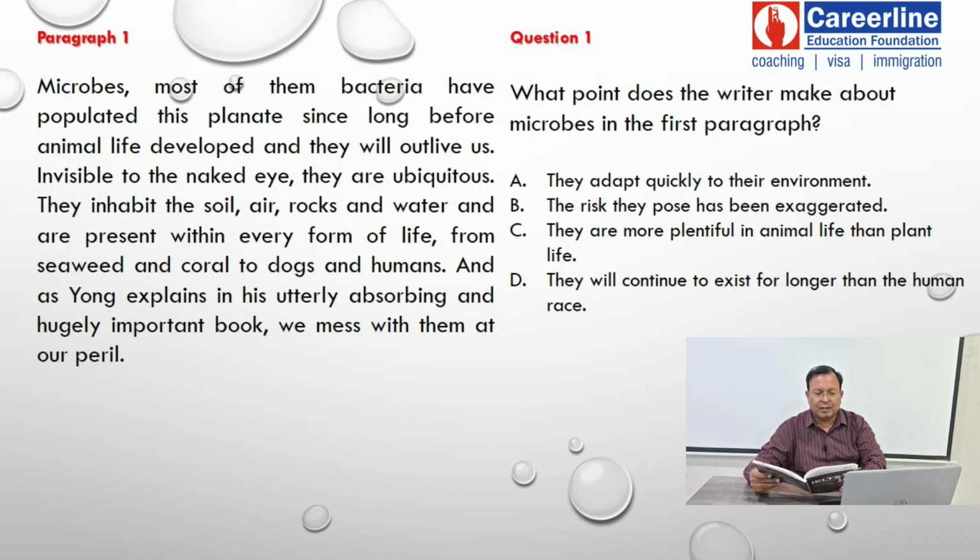They inhabit the soil, air, rocks, and water, and are present within every form of life, from seaweed and coral to dogs and humans. And as Young explains in his utterly absorbing and hugely important book, we mess with them at our peril. So this is the paragraph.